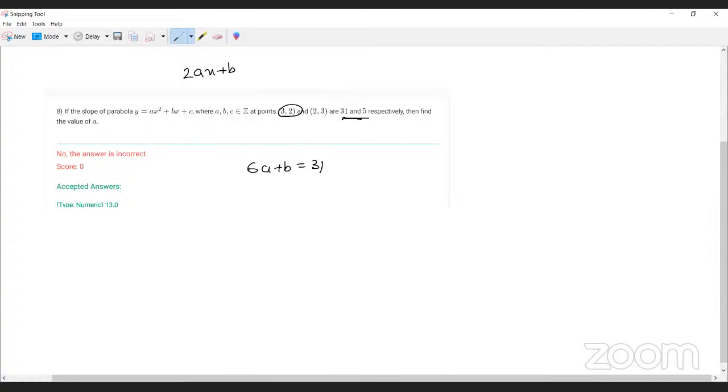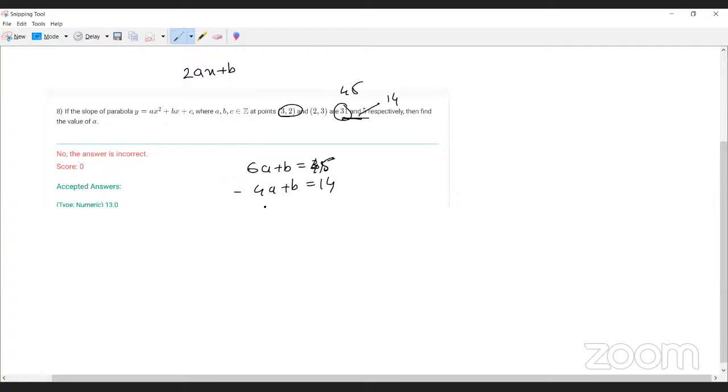Now what's your value here? 45 and 14. Okay. Now let's see: 6a plus b equals 45. And if we put 2 here, 4a plus b equals 14, right?